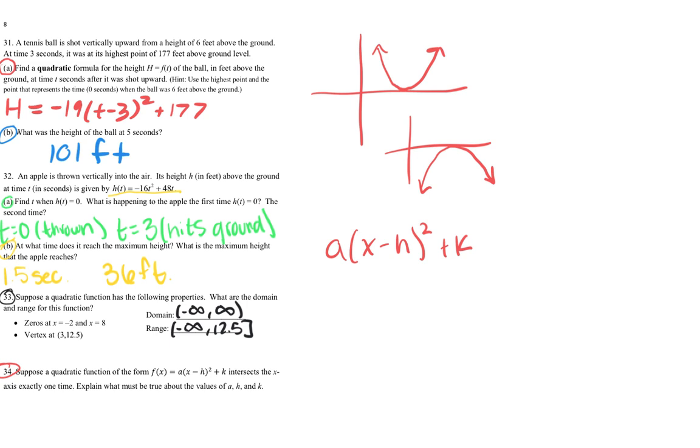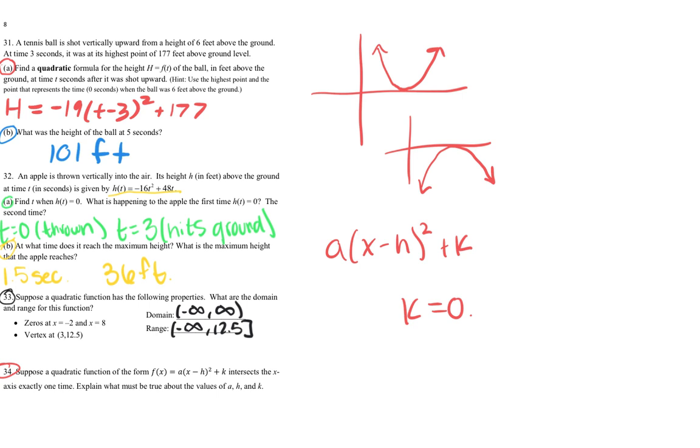And so what that means for our a, h, and k values, that means our k value has to be 0 because our vertex is sitting on the x-axis, right? And this is our y point of our vertex. So k must be equal to 0, right? What about our a and our h values? Well, the only thing this is telling us is that the graph intersects the x-axis at one point, and we drew each graph, and so we said that k has to be 0.